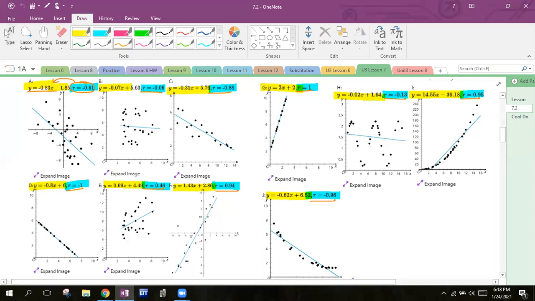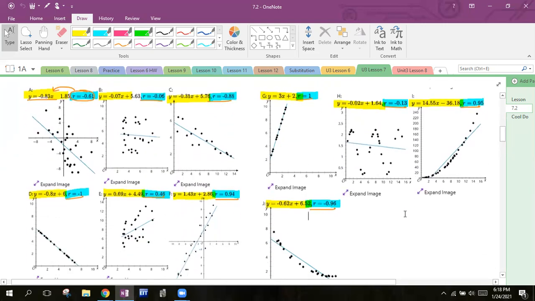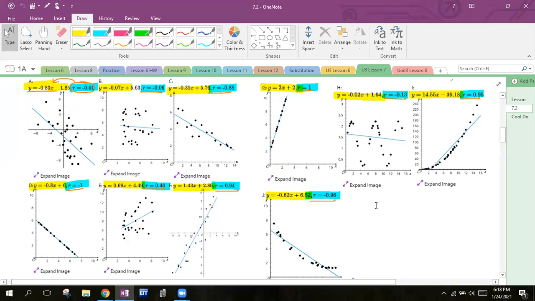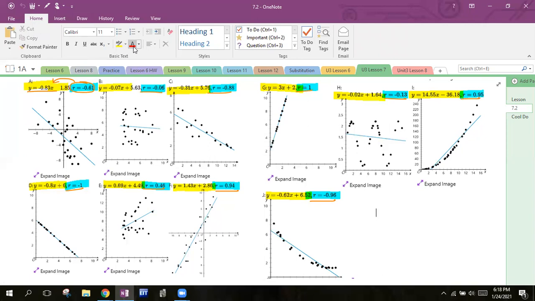Okay, so in your book on 7.2, I know there's not a lot of space, but we're going to make some observations about these things. Okay, so these R values are the correlation coefficient.